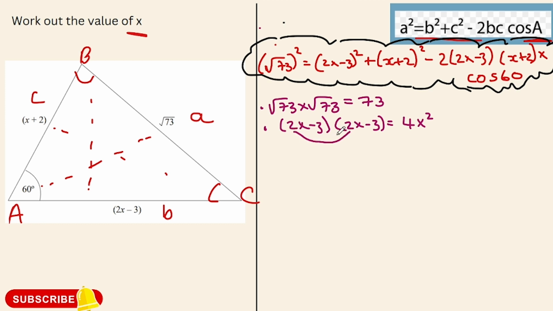Okay, so I'll just multiply those two together, times 6x times 6x and then minus 3 times minus 3, which is positive 9. If I was going to simplify that, that will be 4x squared minus 12x plus 9. Okay, so the most important ones right now are 73 and 4x squared minus 12x plus 9.